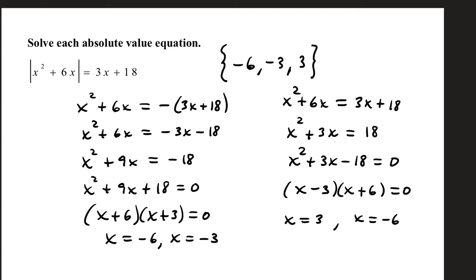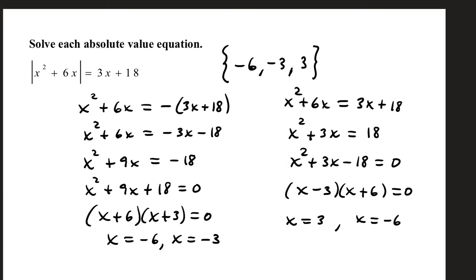We're going to keep that same notion. x squared plus 6x can either be at the negative of this or the positive of this, 3x plus 18. Inside the vertical bars doesn't change, but this distance notion on a number line can either be negative or remain positive.